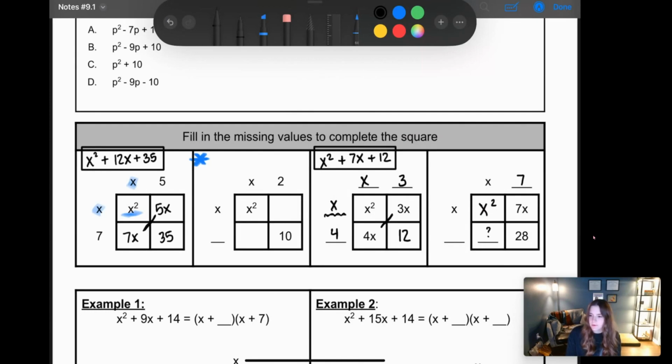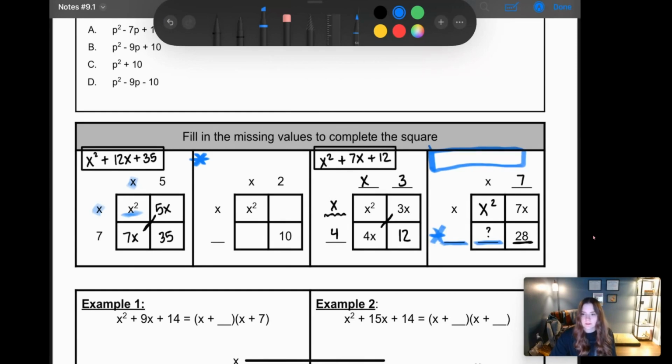I don't know what that's supposed to be, but I know that whatever it is multiplies with 7 to get 28. So think about that. You are going to finish this one on your own, right? You need to find this part and then give me that full trinomial, okay? Those two you are going to solve on your own.